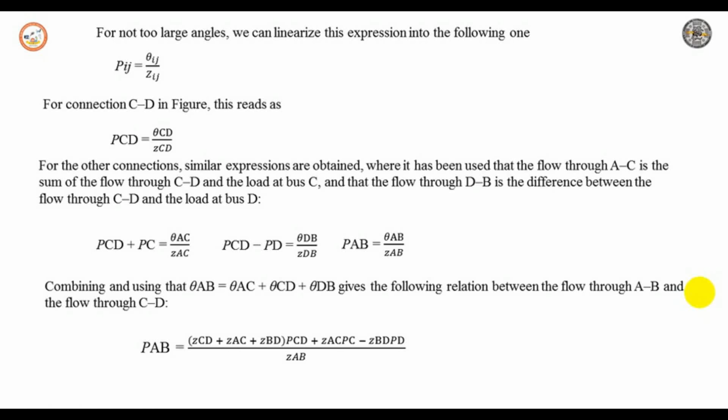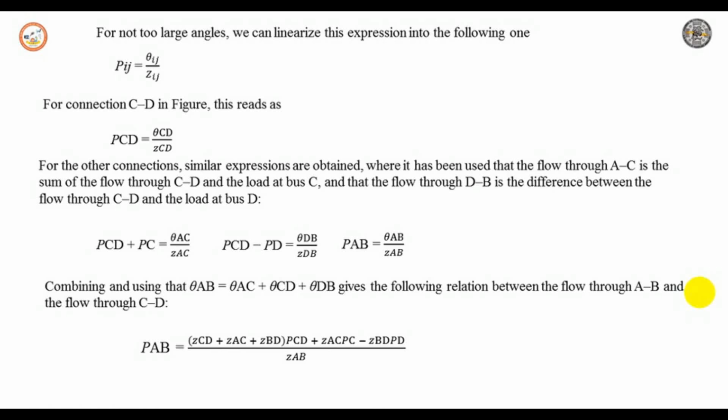Similarly, for the impedance of the DB line, PCD minus PD gives me theta DB divided by ZDB.